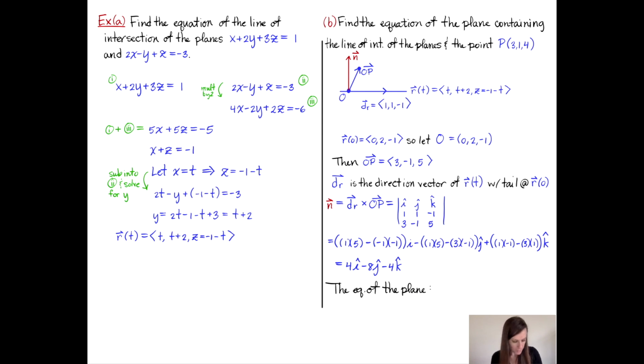That is going to be 4 times (x minus 3) minus 8 times (y minus 1) minus 4 times (z minus 4) equal to 0. And you don't need to simplify. This is the preferred form that we'd like you to leave it in.